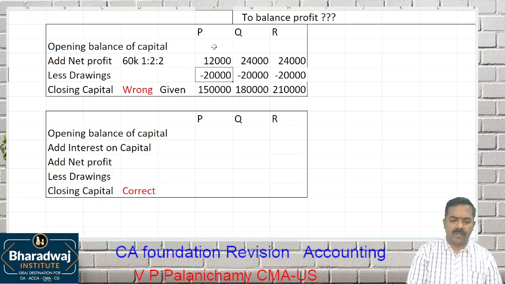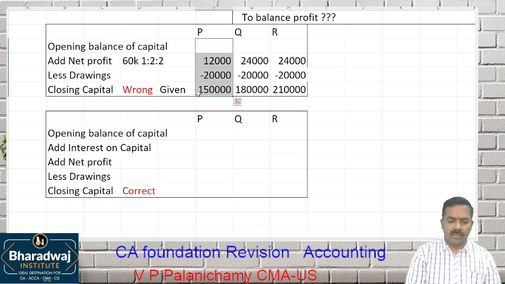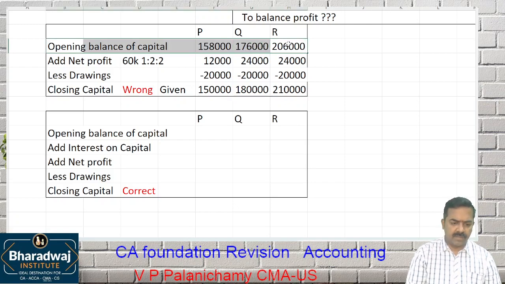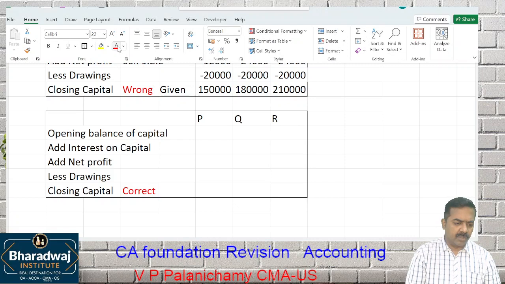While going forward, we will add 12 minus 20, we will get 1,50,000. While going reverse, everything reverse. 1,50,000, add back drawings, minus share of profit will give us the opening balance. Do the reverse. 1,58,000. 2,06,000. So we do the reverse working and find out the opening balance.